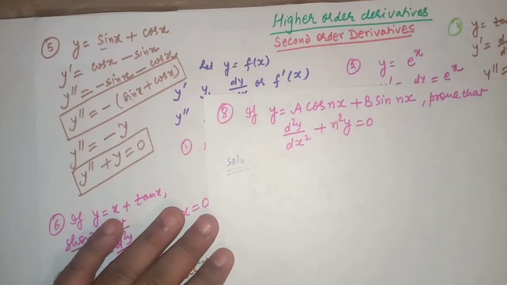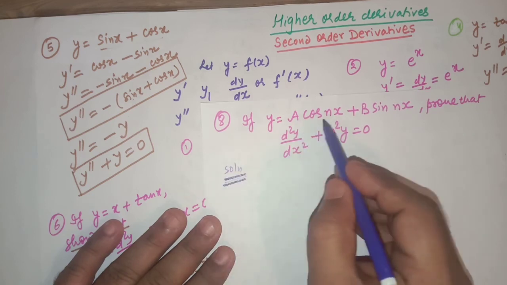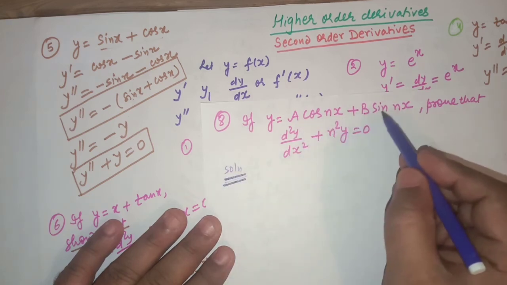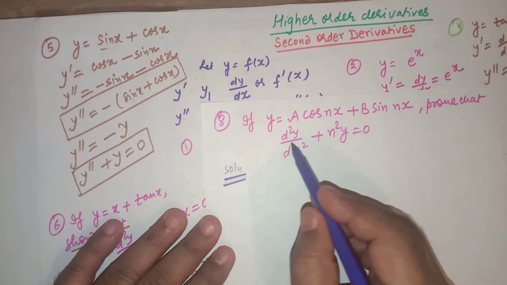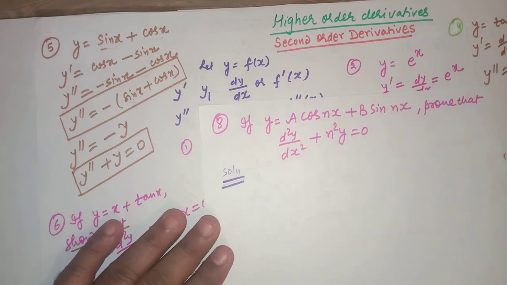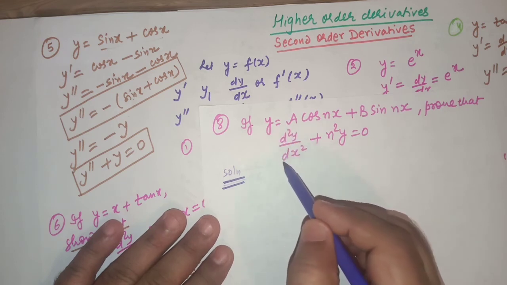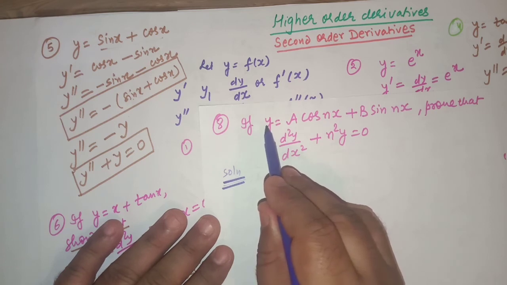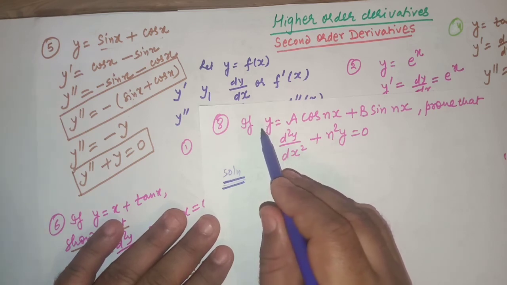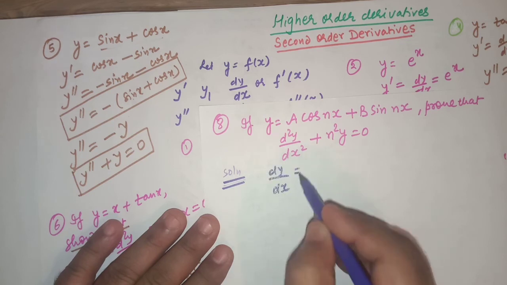Now let us take this problem. If y equal to a cos nx plus b sin nx, prove that d2y over dx2 plus n square y equal to 0. So here again the second order derivative appears. So we have to differentiate this function y 2 times. Clear? So let us first find the first derivative, that is dy over dx.